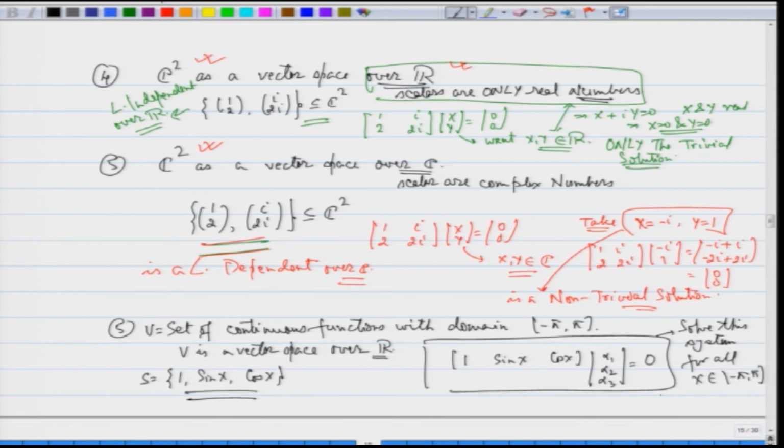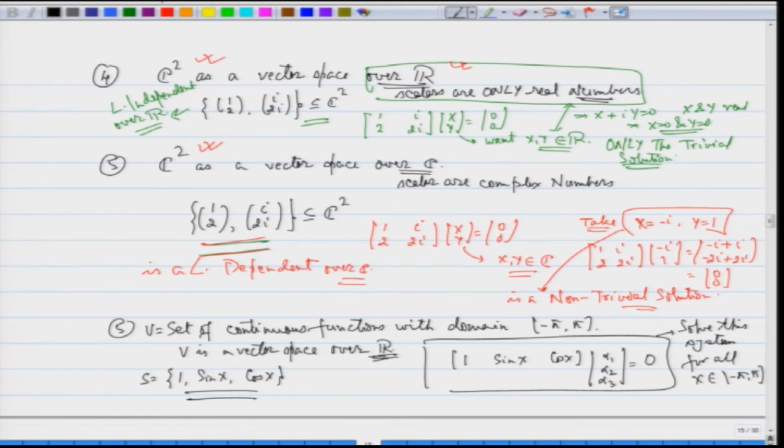What we are saying is the left hand side is a continuous function for whatever alpha 1, alpha 2, alpha 3 you choose. They only need to be real numbers. And the right hand side is the 0 function. So, alpha 1 plus alpha 2 sin x plus alpha 3 cos x has to be 0.